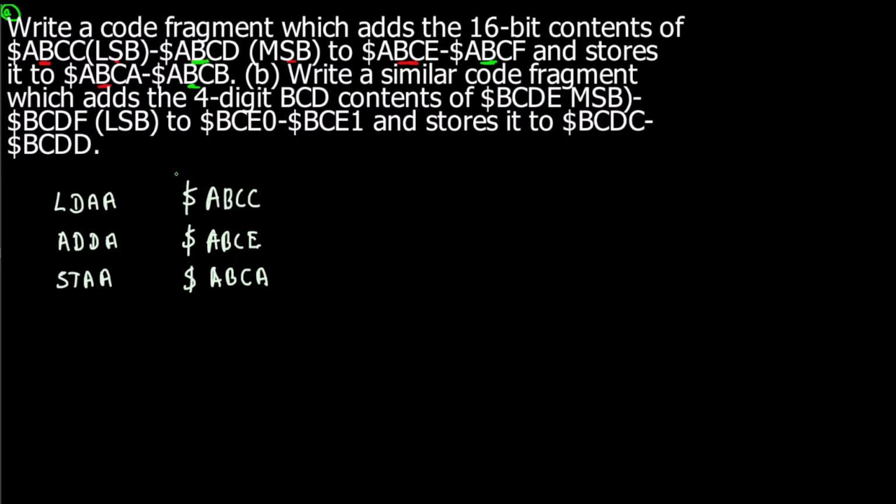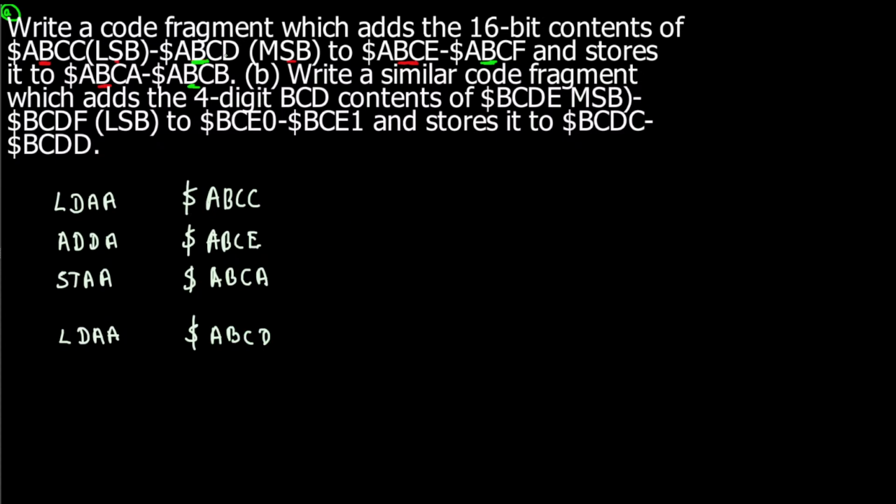So that is what this is doing, and we are not done yet. This is just the least significant bit. Now if you look at the most significant bit, that is ABCD, we have to load that one first. So again, do the same process, LDAA, and this time we are loading ABCD.